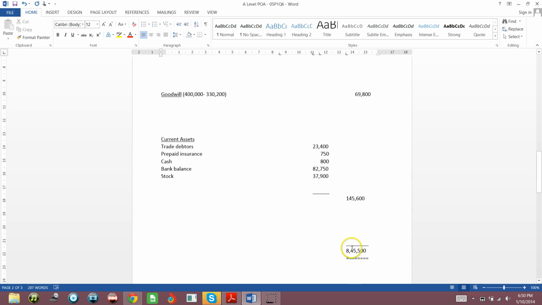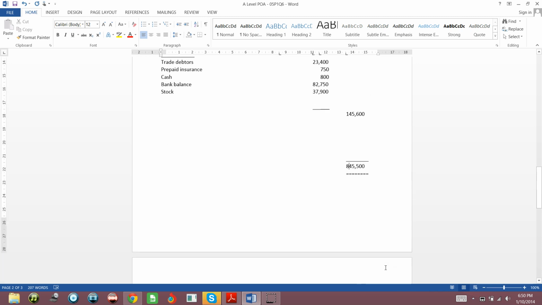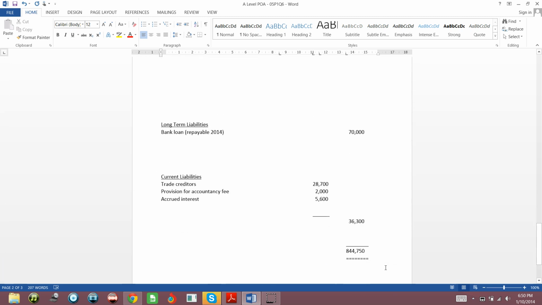So now how much is the balance sheet still different by? 845,500 minus 844,750. So the difference is 750.